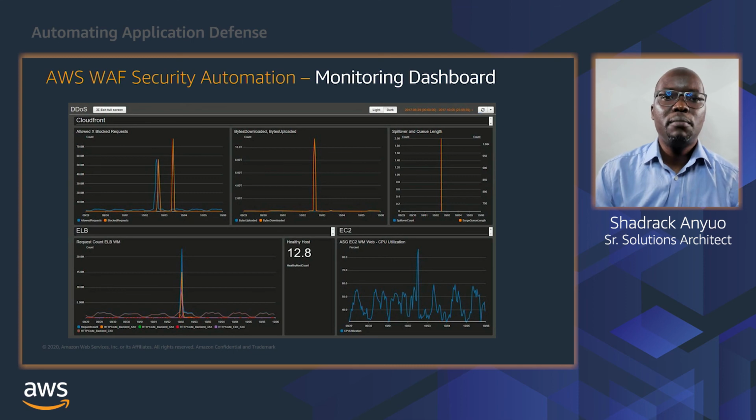We also have ELB spillover and queue length, which also is an important metric that can help you to verify if an attack is causing damages to your infrastructure, and if the attacker is bypassing Amazon CloudFront or even the AWS WAF layer and is attacking your unprotected resources directly. We also have ELB request count that helps you to identify the damages to your infrastructure.